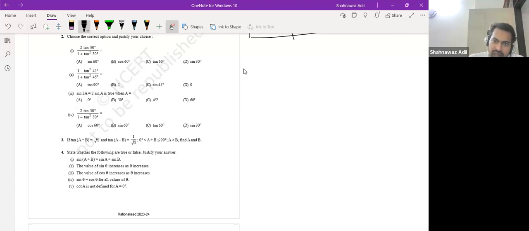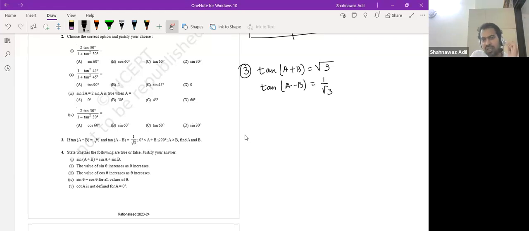Now let us come to this third question. Tan of A plus B is root 3, and tan of A minus B is 1 by root 3. Let's say this is the first equation and this is the second equation. Shaima, what can you tell about the root 3 value?